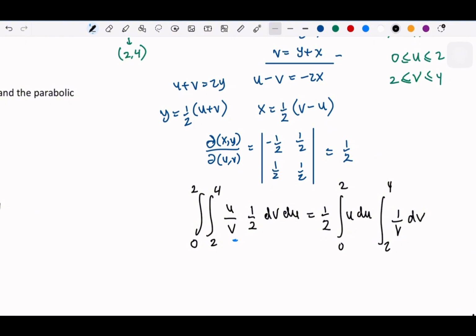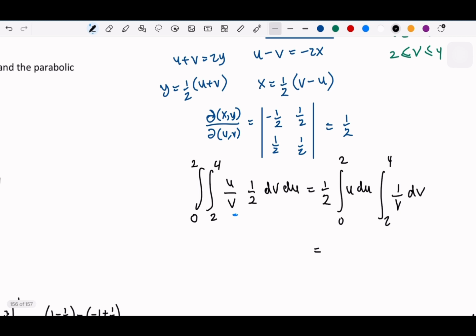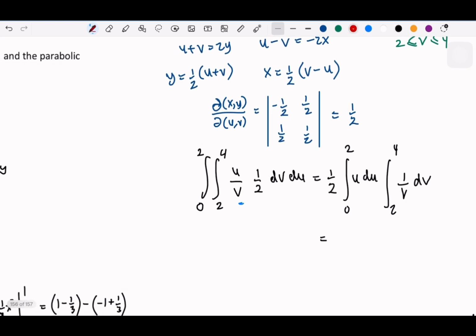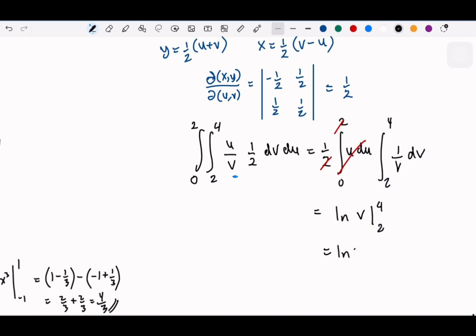Okay. This will be 2. I will cancel this, so this and that cancel out. So everything will be just 1. So we have here ln v from 2 to 4. So ln 4 minus ln 2, or ln 2.